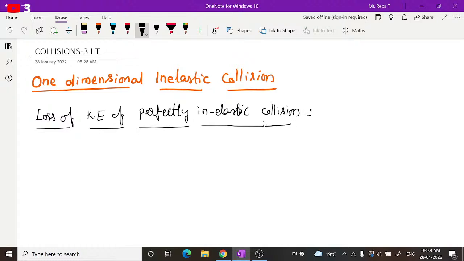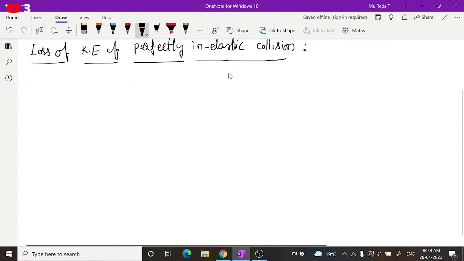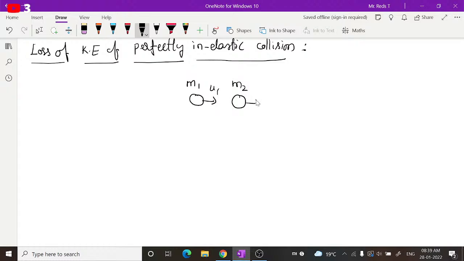Okay, right. So first of all, we know what is inelastic collision, right? What is perfectly inelastic collision? If you have two bodies of masses m1 and m2, moving with initial velocities u1 and u2 before collision, after collision they will stick together and move with a common velocity, both m1 and m2.